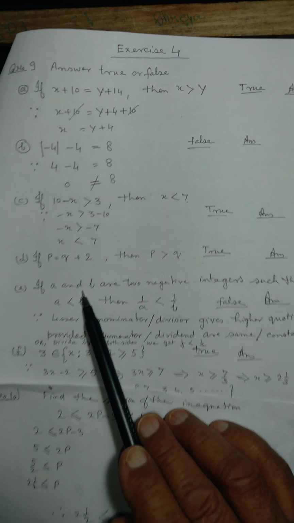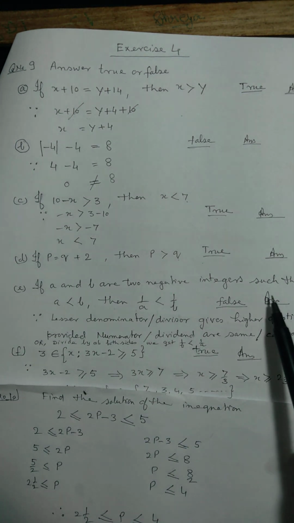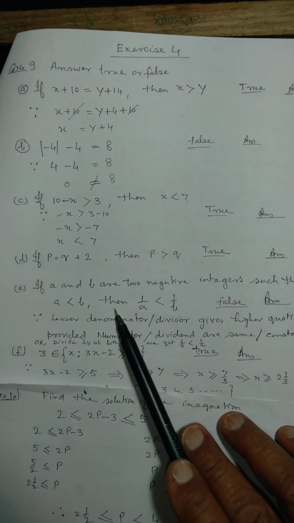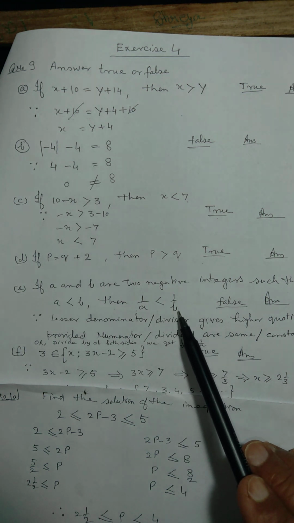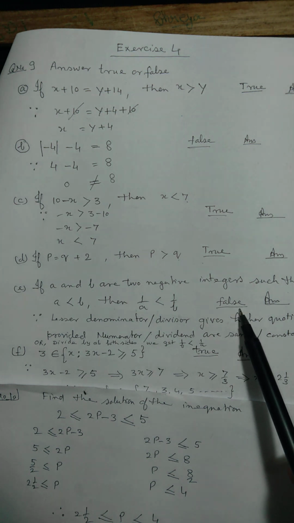If A and B are two negative integers such that A is less than B, then 1 upon A is less than 1 upon B. I have mentioned it is false.